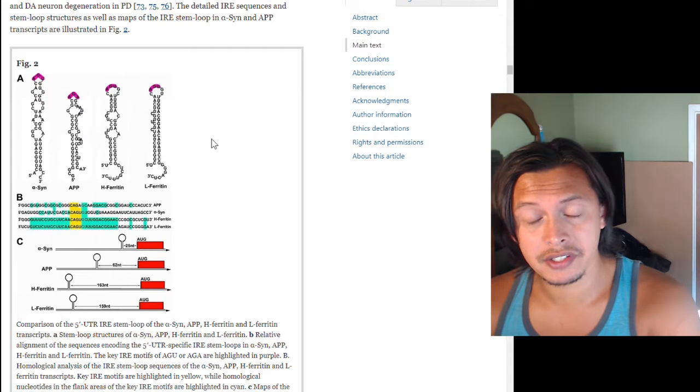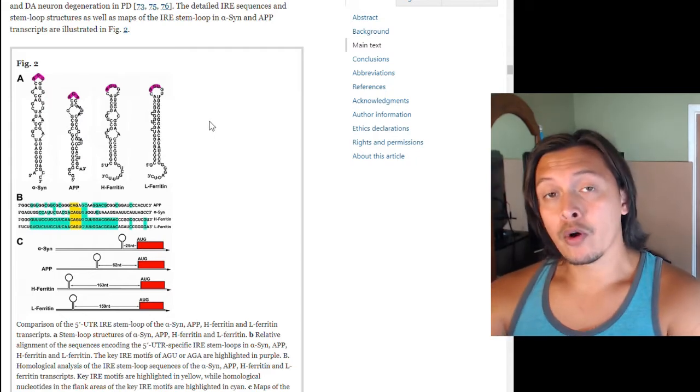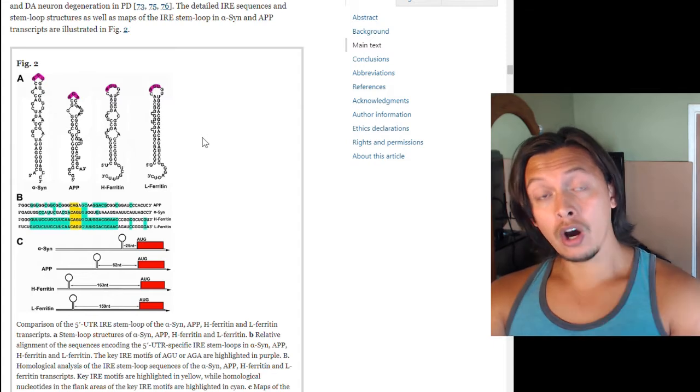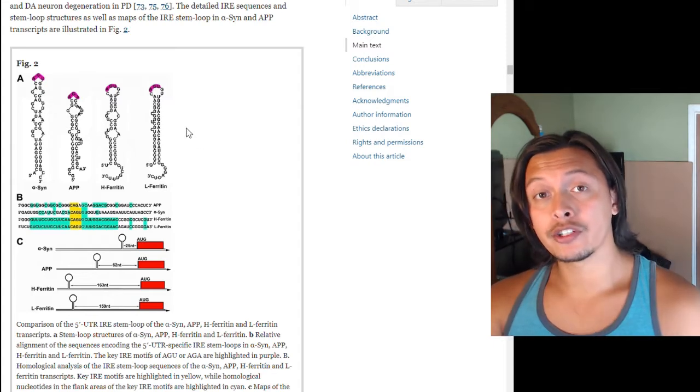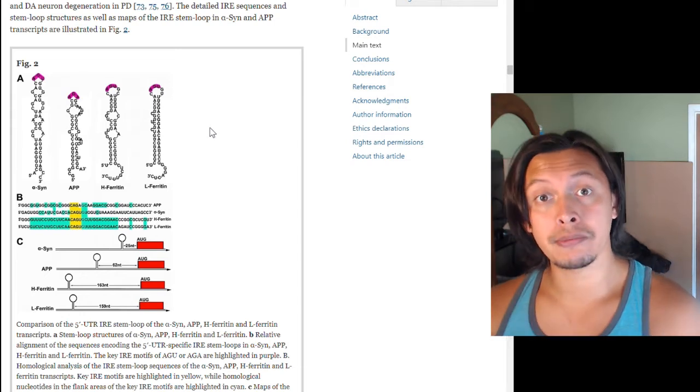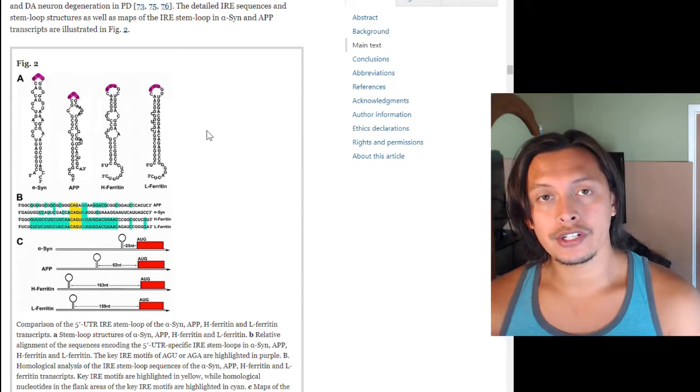So we previously went over some of the proteins associated with Alzheimer's disease and Parkinson's disease that have these iron response elements and will precipitate out of solution if their concentrations get too high.